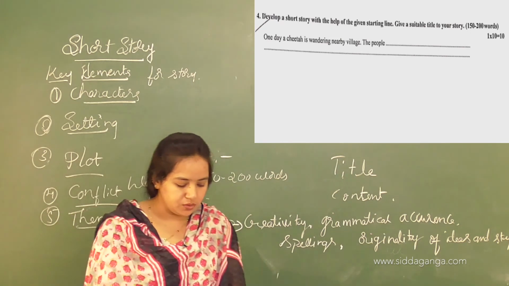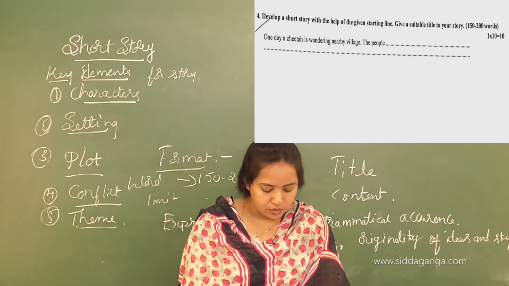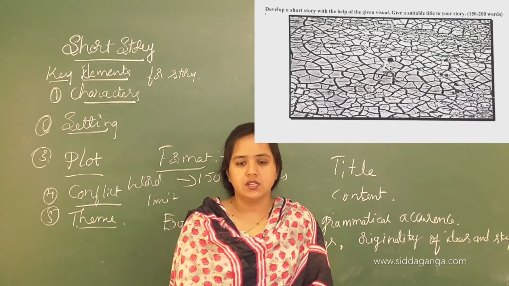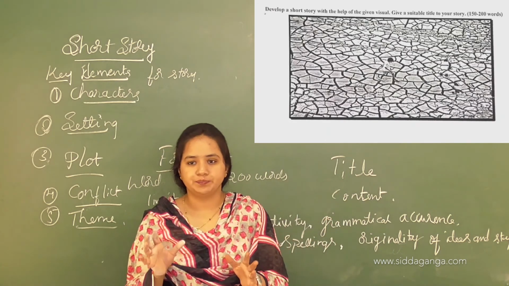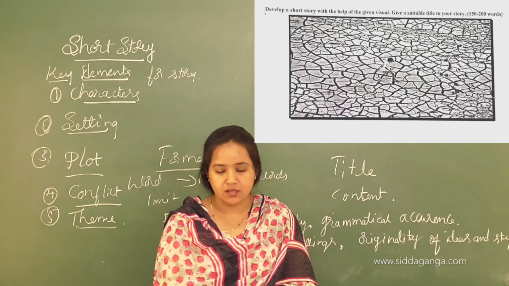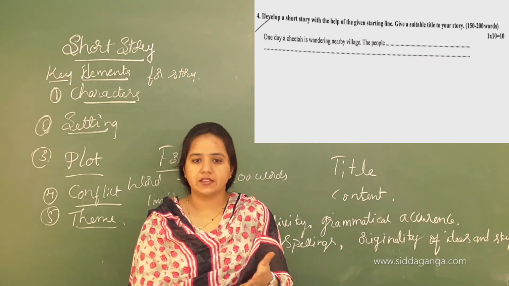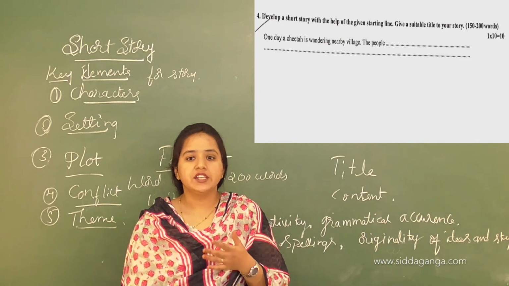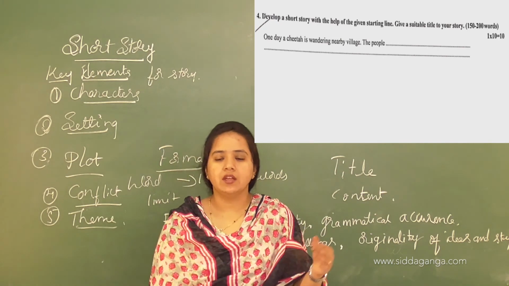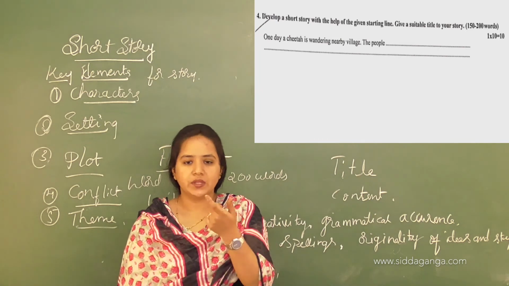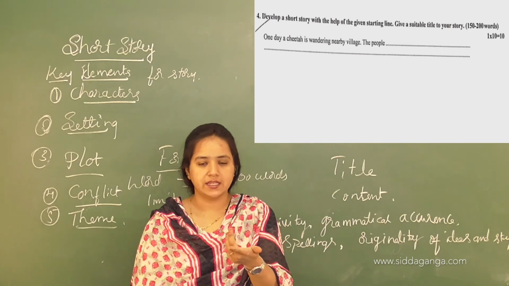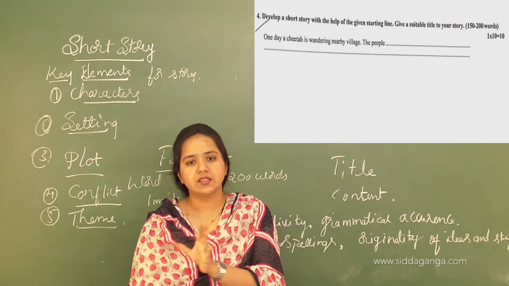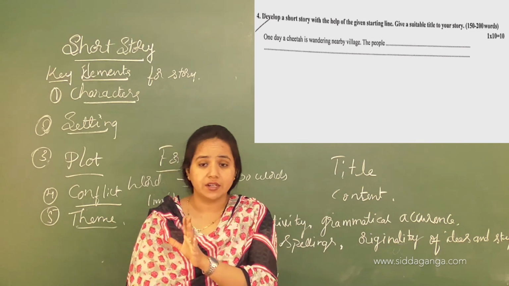When you are writing a story, you have to look at all these important parts. Here is another way, where you get choices. The question will come like this: one day a cheetah is wandering near a village. Now you continue with this single line as a clue and start writing your story.